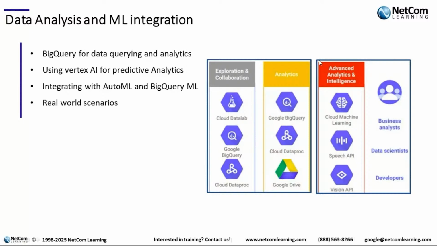Followed by this, we can leverage advanced analytics and intelligence capabilities on GCP through services like Cloud Machine Learning, Speech API, and Vision API. These APIs represent application programming interfaces, which are services readily available to users to perform their machine learning based analytics on their data.